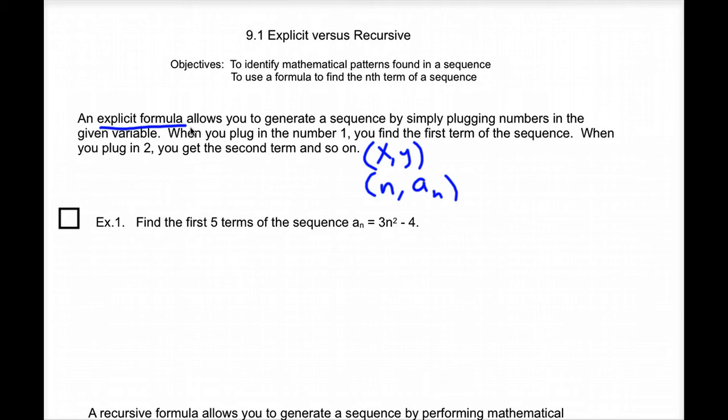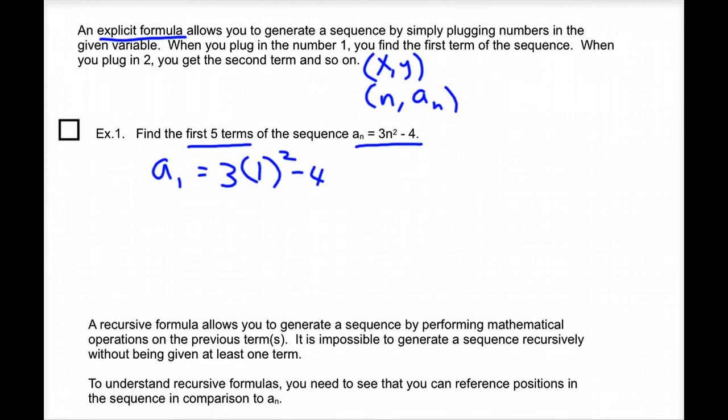Down here, example 1, I want to find the first 5 terms of this sequence. So I'm giving you a formula, and I want to find 5 terms. a sub n means the nth term. And so when you see a sub n, that just means any term in our pattern. Therefore, a sub 1 means the first term. If I want to find the first term, I simply plug in a 1 for n and follow the order of operations.